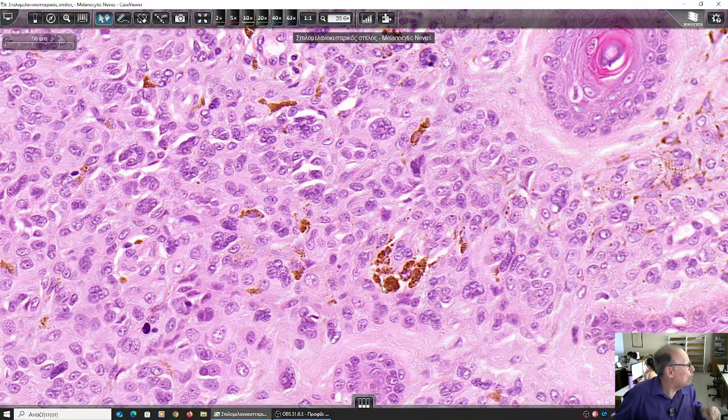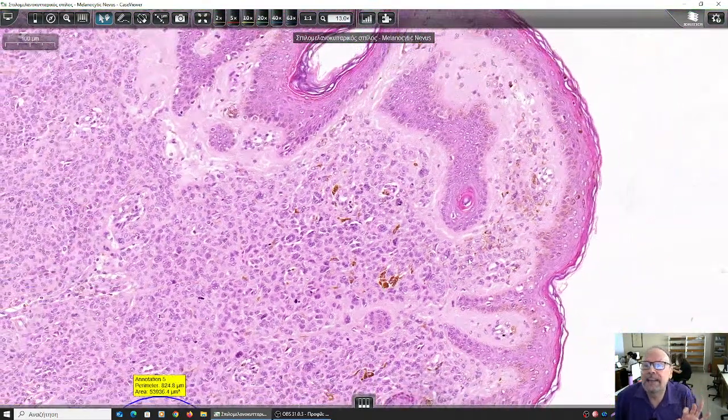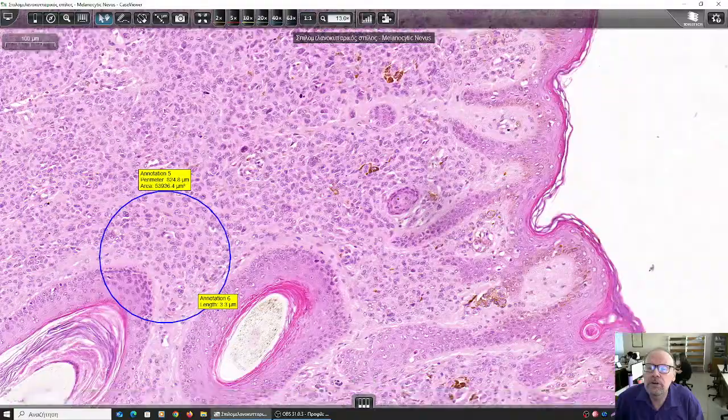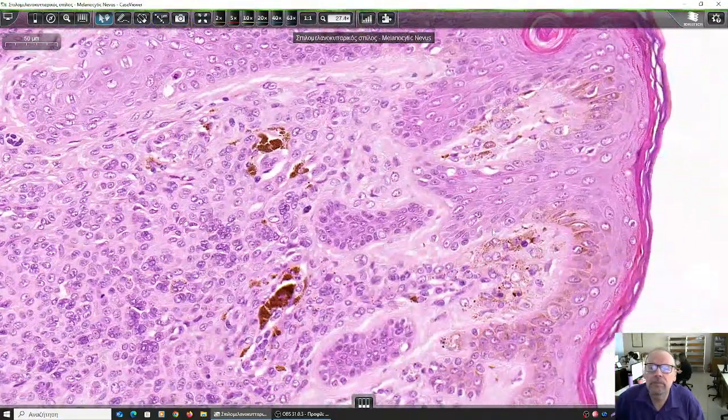These are macrophages which have taken up melanin. So, when we see melanin in a lesion, we have to define, is it a sign of melanocytic differentiation? It must look finely granular, like the ones we saw in the beginning.